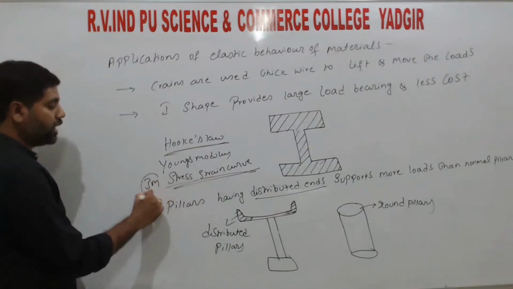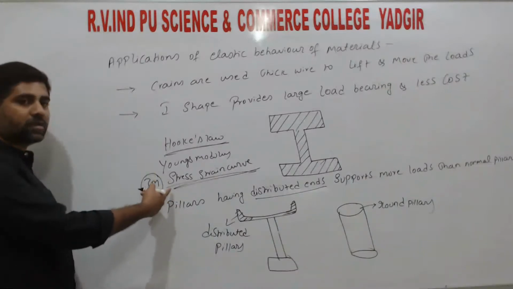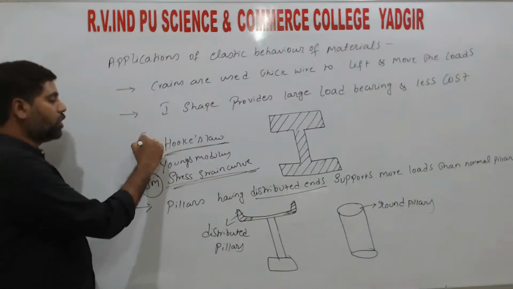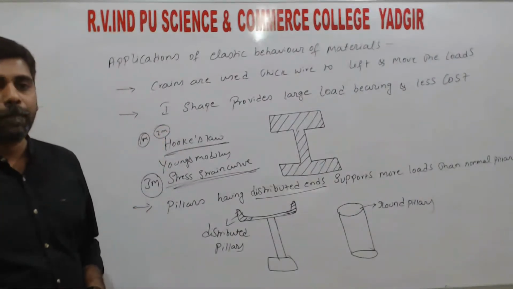Maximum 3 marks for a question; a 5 marks question won't be asked, only in a rare case. Hooke's law is either for 1 mark or 2 marks: state and explain Hooke's law, right?